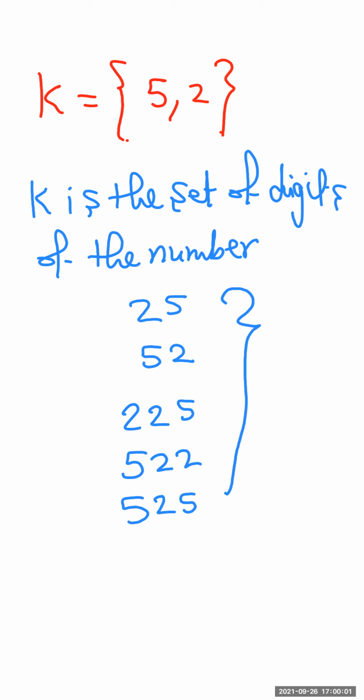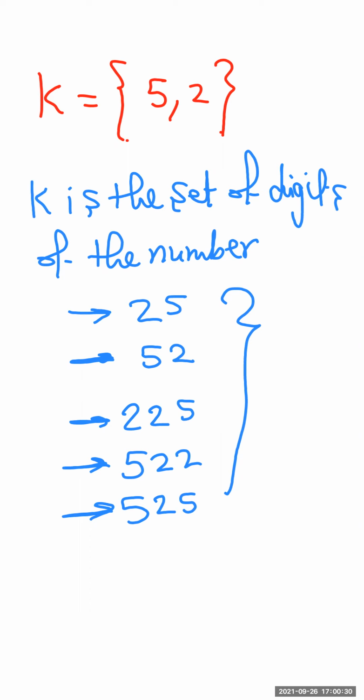Why? Because if I ask you what are the elements of the number 25, you will say 2 and 5. Here also 2 and 5, we will not repeat 2. Here, 2 and 5, we will not repeat 5. So all these numbers are correct. And maybe we can also add more numbers, 252.